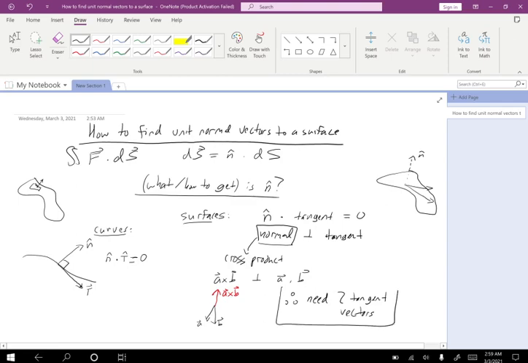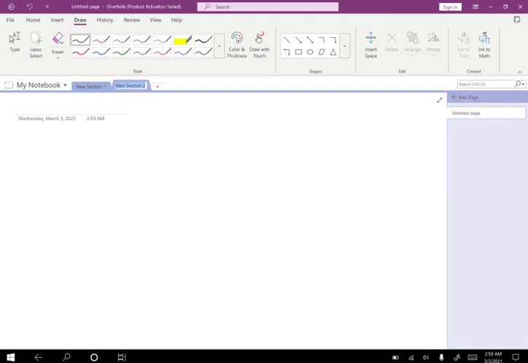And then we just cross them. And that gives us our normal vector. We need to make it a unit vector, so we'll divide by some constant, but that's the idea. So how do you get two tangent vectors of a surface?